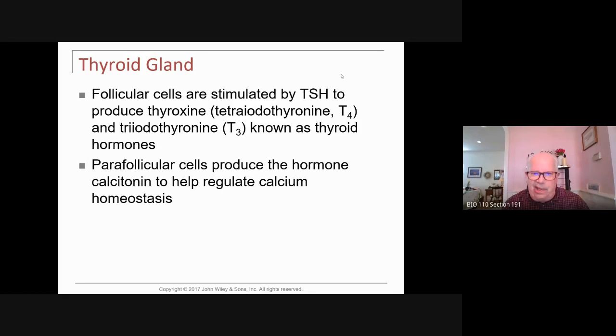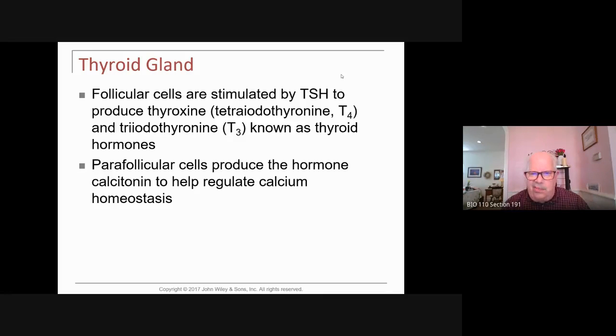The parafollicular cells of the thyroid gland are under the control of calcium in your body. And that is extremely important to understand.